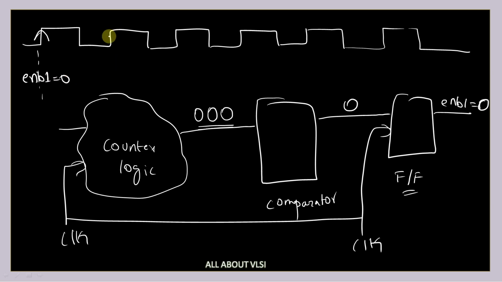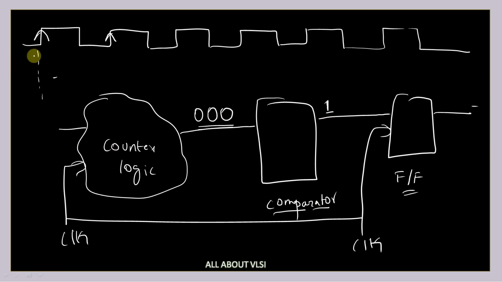Now at the second edge of the clock, what is your counter value? It is equal to 0 0 1. Okay, let me erase it. Sorry, I have made a mistake here. So initially your counter value will be equal to 0 0 0. The comparator is going to compare and it is going to give 1.